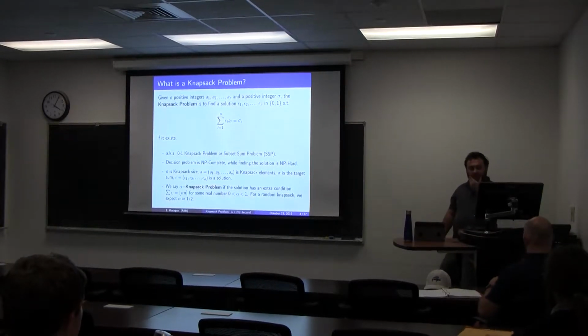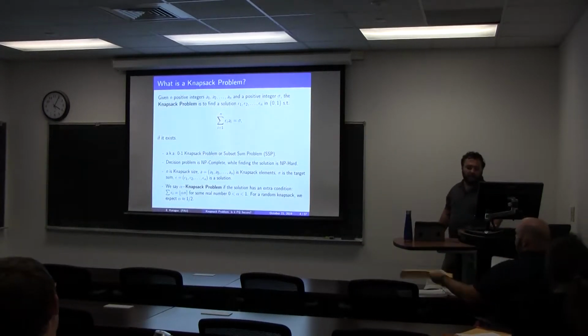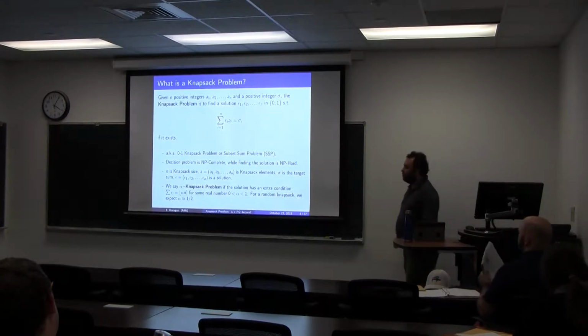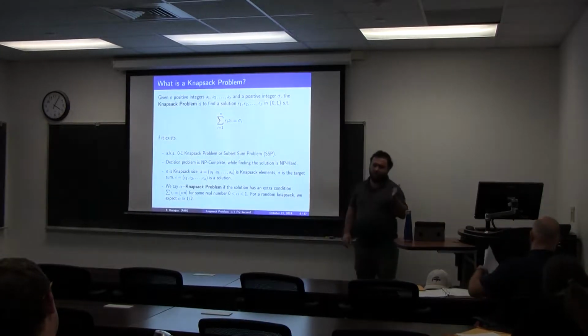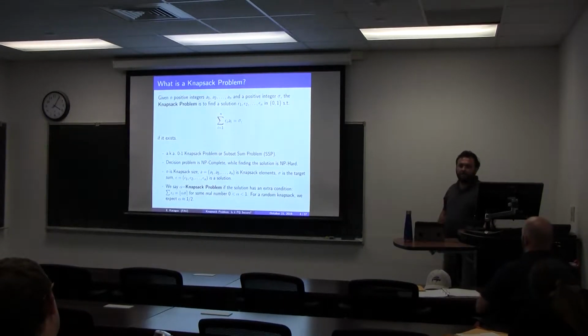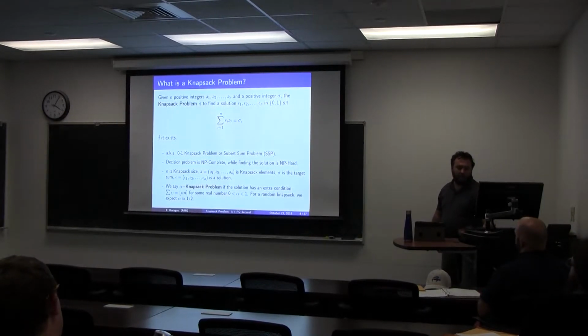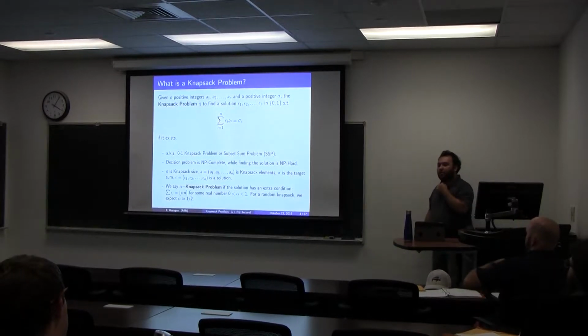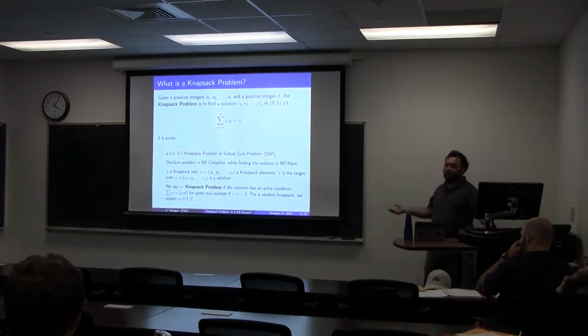Here I give another definition, the alpha Knapsack problem. Alpha here determines the weight of the solution: the weight of epsilon, I mean the summation of the epsilon i's, is alpha times n. For a random Knapsack problem, you expect that half of the size, which is n over 2, is 1 and the rest is 0.